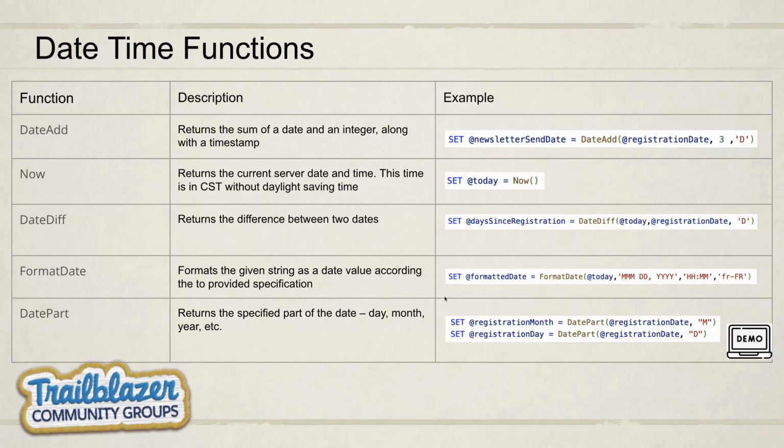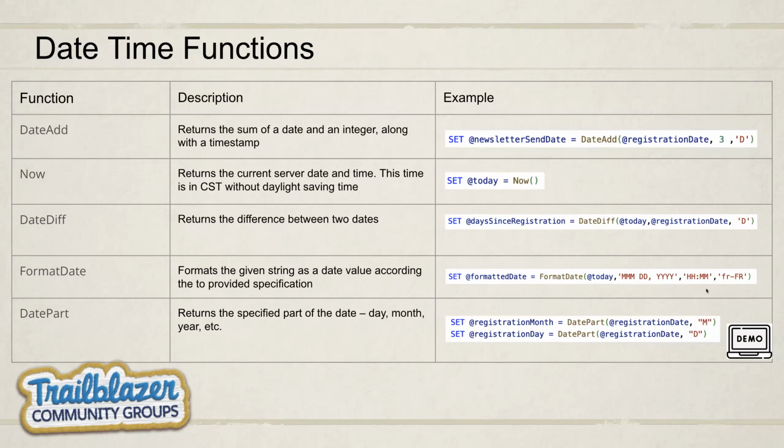Format date formats a given date by a format specification that you provide as a second parameter. So for instance, sometimes you have date timestamps that come in pretty weird formatting, and you might want a very specific format to display in your pages or in emails. Then you would use format date. Passing the date is the first parameter. The second parameter is going to be your month formatting.